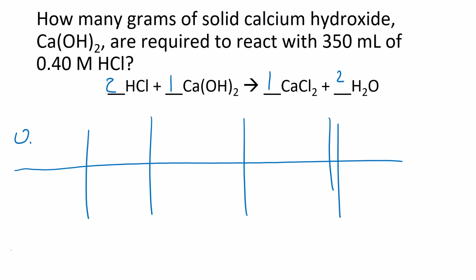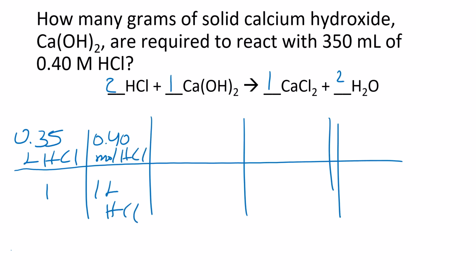Three, 0.35 liters HCl over 1, 0.40 moles of HCl, 1 liter of HCl for my molarity, 2 moles of HCl. Then on the top will be 1 mole of Ca(OH)2.